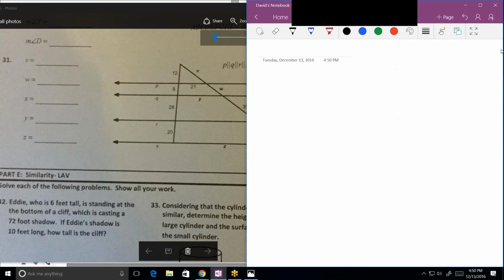I'm getting the ratio 6 over 10 equals X over 72. Okay, height to shadow. Yeah, that sounds right. I would prefer to draw a figure. If my life depended on it, I'd want to do it this way. He's standing at the bottom of a cliff, which is casting a 72-foot shadow.